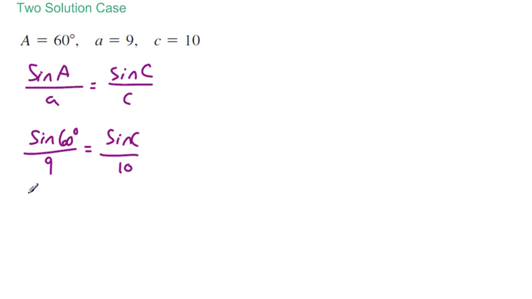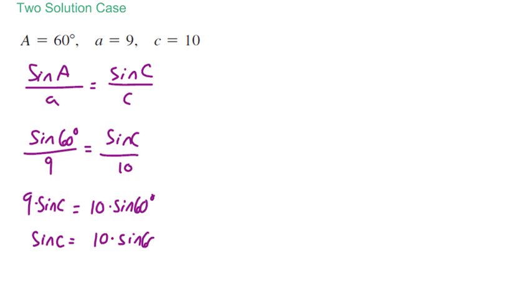So this becomes 9 times sine of C is equal to 10 times sine of 60 degrees. I can divide both sides by 9, so that sine of C equals 10 times sine of 60 degrees all over 9.